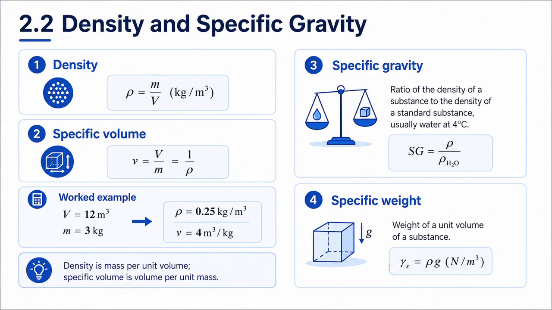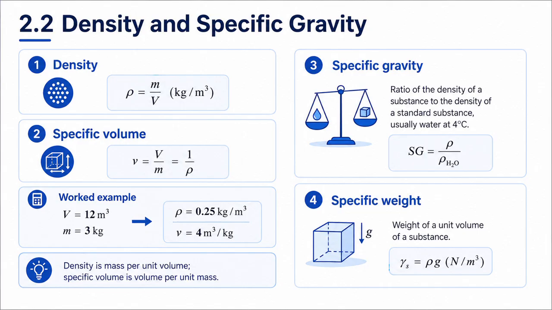This slide introduces four very important fluid properties: density, specific volume, specific gravity, and specific weight. First, the density is defined as mass divided by volume. Rho is equal to m by V, where rho is density, m is mass, and V is volume. The SI unit is kilogram per meter cube.